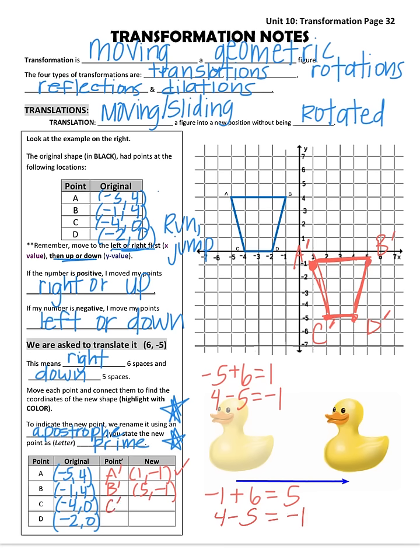Okay, C prime. So C prime is at 2, negative 5. If you check that mathematically, C was originally at negative 4 for an x value. Add 6, you get 2. And 0 minus 5 is negative 5.